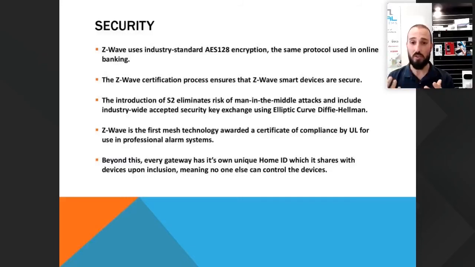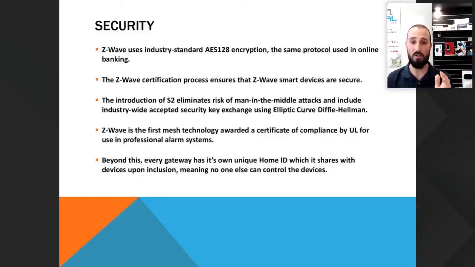So every light switch will have a shared ID with that home ID. Every battery-powered device, every lock, they're all going to be sharing that same home ID with that gateway. So what that means is that one gateway and all the devices have the same ID.